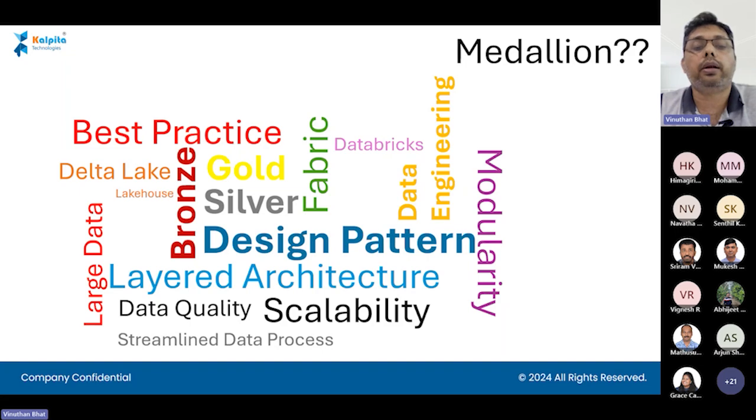When we follow these kinds of design patterns, we end up following some best practices whenever we are migrating the data from one system to another. And with the best practice being followed, we achieve data quality, scalability, and modularity. As a result, there will be a streamlined data process.